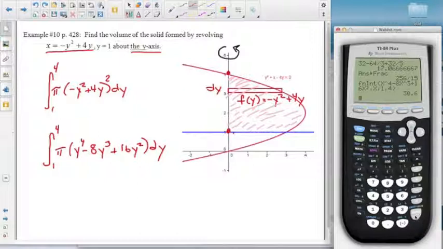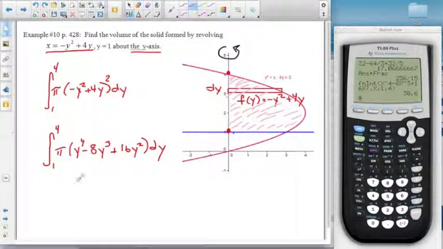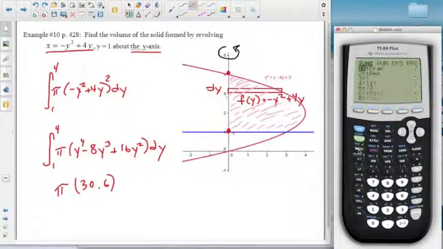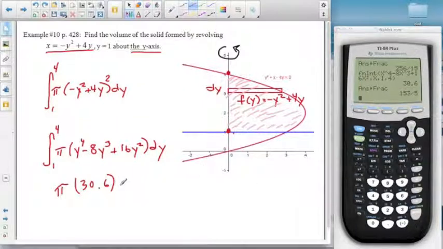As I hit enter, I get 30.6. So we know that after integrating, I get pi times 30.6. And again, we can take that and make that into a fraction if we want an exact answer. So our exact answer is 153 over 5 times pi.